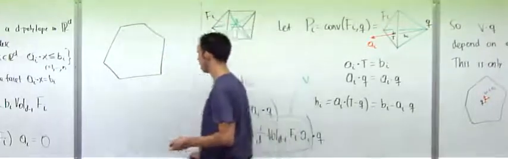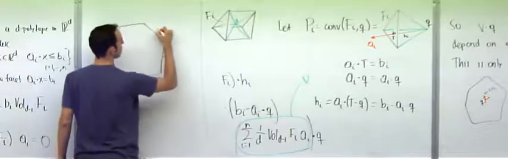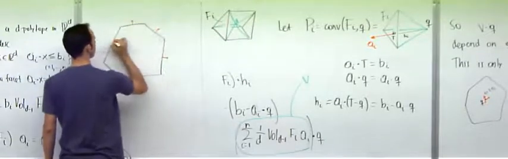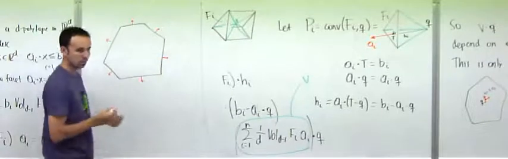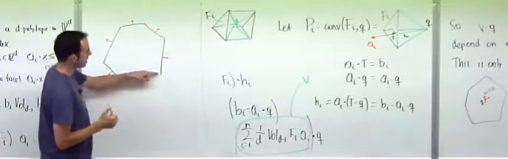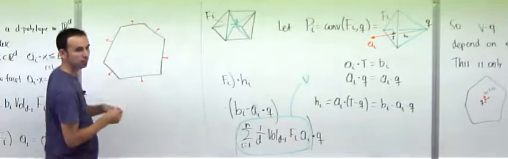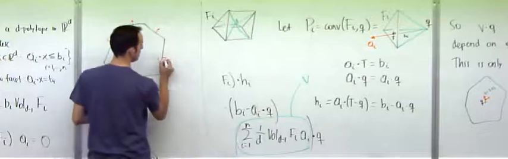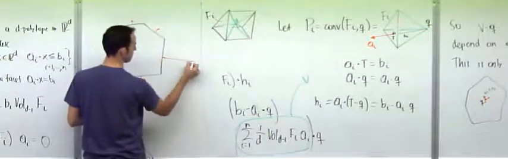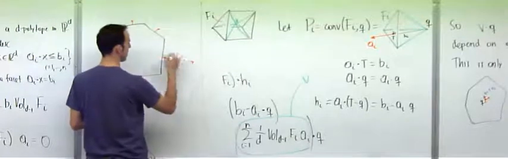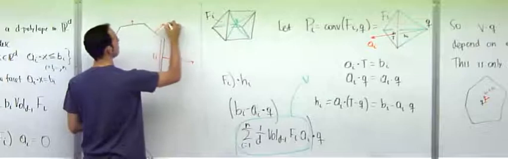So what am I saying? I'm saying that if I take these outer normals with length 1, and then I scale them by the length of the corresponding face. So I scale this to be of exactly this length. Okay, this is length L1, where this is length L1. Then I scale this by length L2.